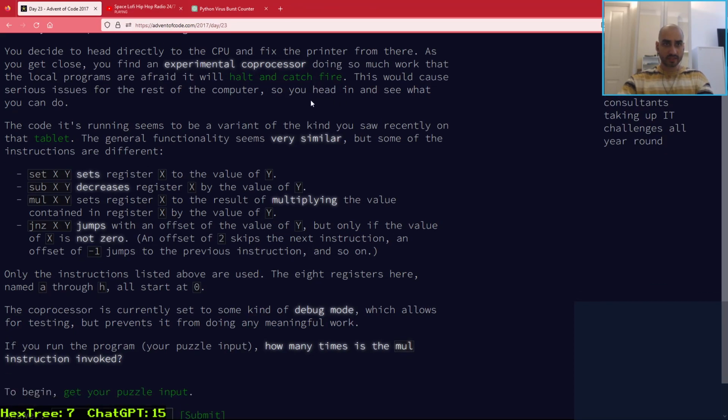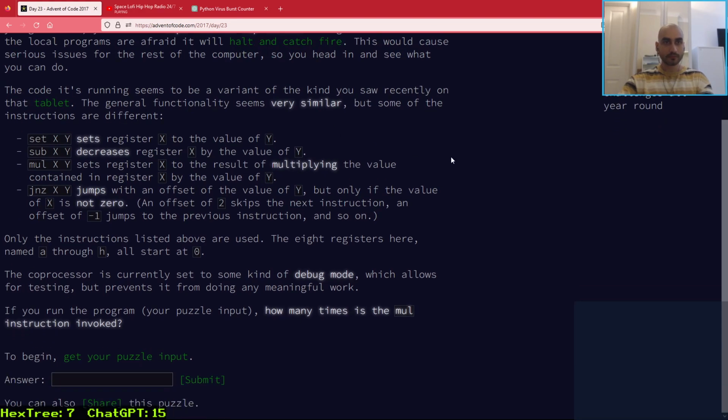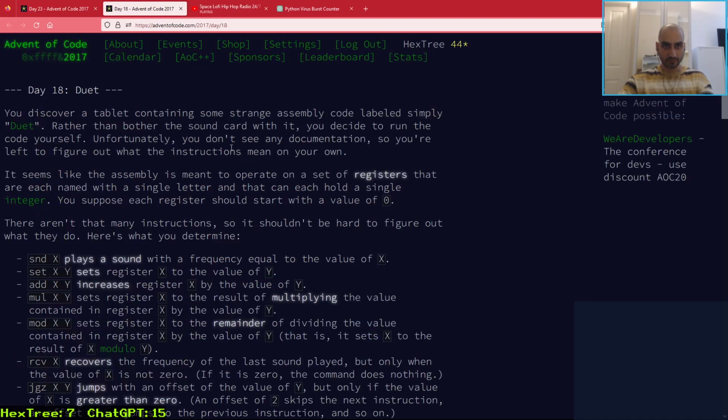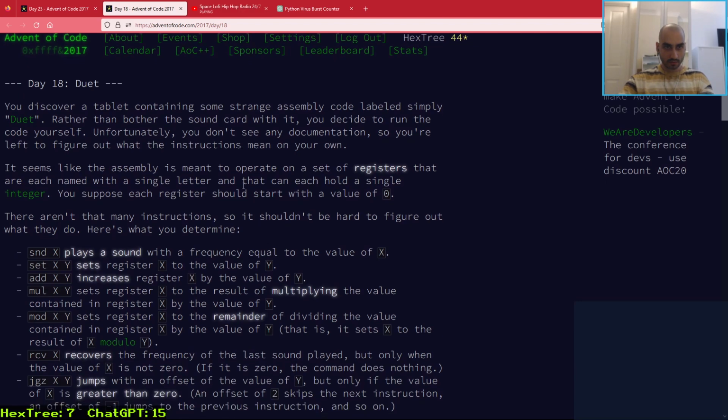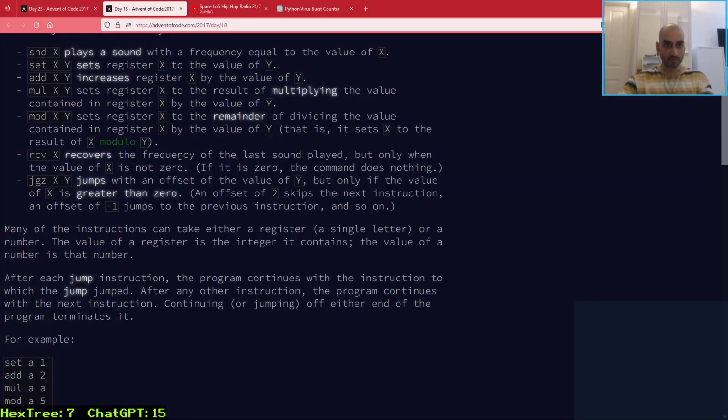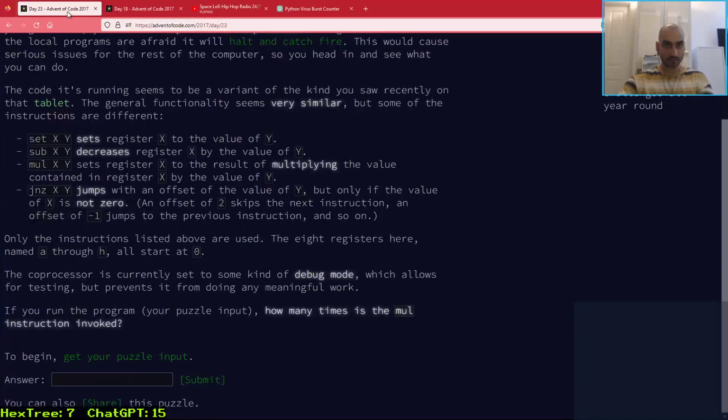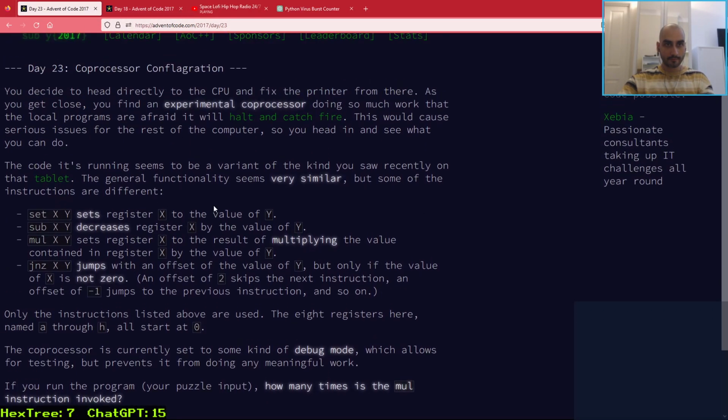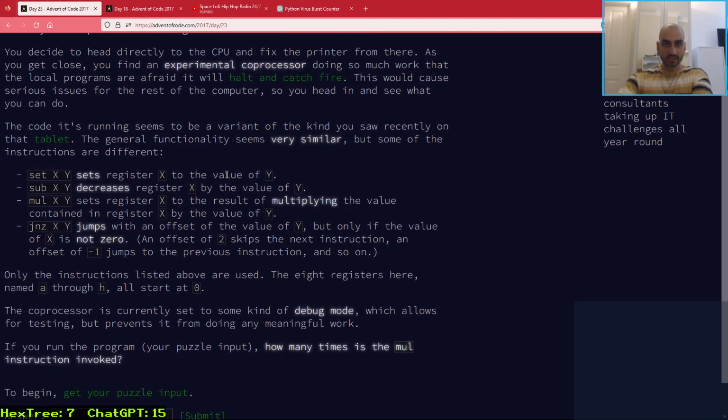This would cause serious issues for the rest of the computer, so you head in and see what you can do. The code it's running seems to be a variant of the kind you saw recently on that tablet. What are they referring to here? Yeah, okay, I remember the assembly problem. The general functionality seems very similar, but some of the instructions are different.